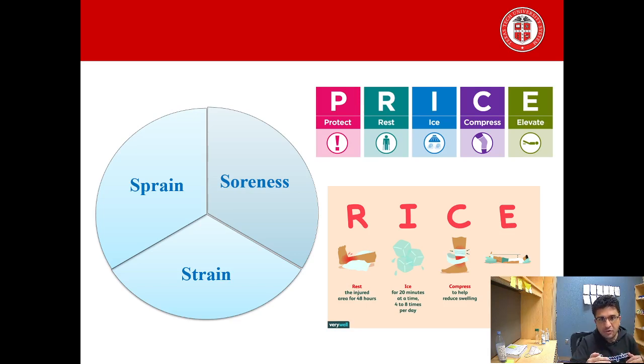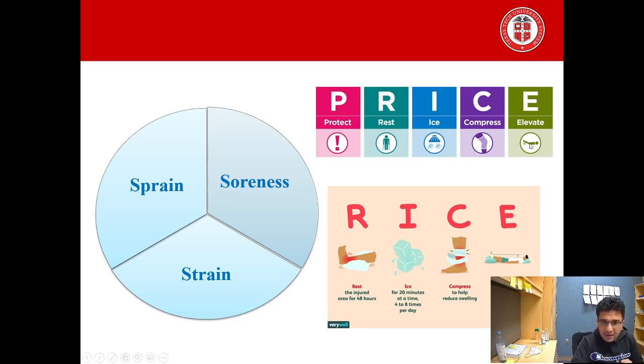But just make sure, it's a red flag sign, don't compress it too tightly, because if you compress it too tightly, then it won't allow the normal fluid to move, and it might have a negative impact. So just try to get the area compressed moderately and make sure that it is as immobile as possible.